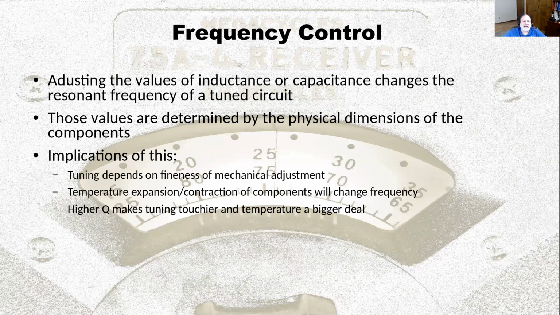The implications of that are that the degree of electrical tuning depends on how finely you can make a mechanical adjustment. It also means that because these are physical components, temperature has an effect on them. They expand and contract with temperature, and that will change their value, and that changes their frequency. And again, higher Q makes the tuning touchier, so temperature changes are a bigger deal. Radios drift when they first turn on as the temperature changes inside them until it stabilizes.